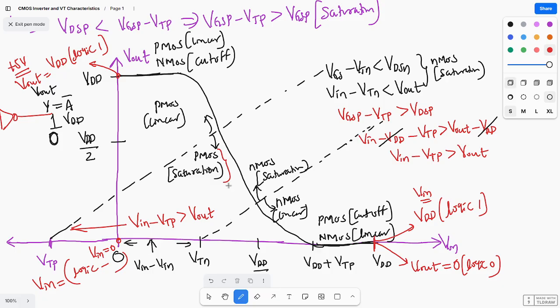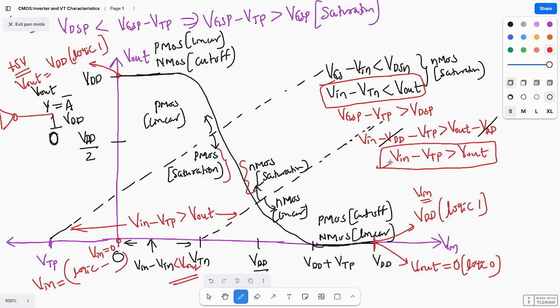When NMOS is in saturation, the condition is V in minus VTN is less than V out. And the PMOS condition is V in minus VTP is greater than V out.